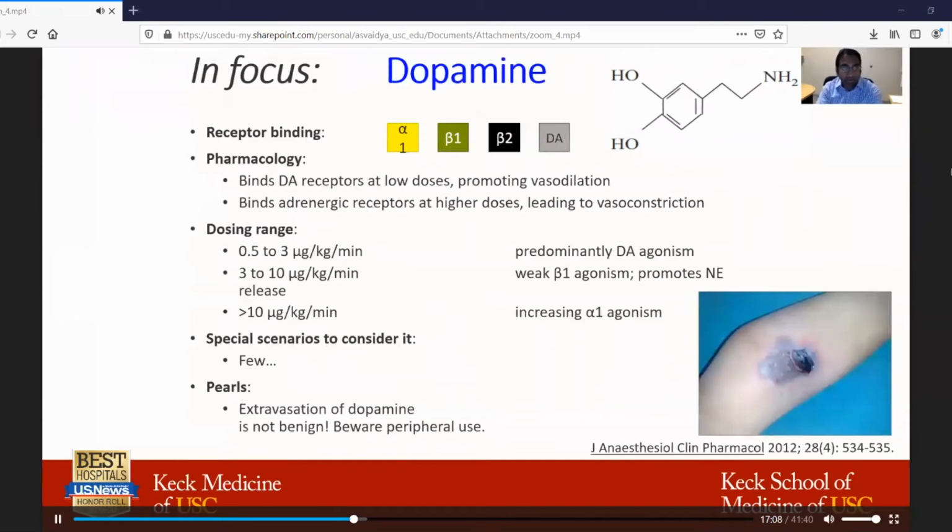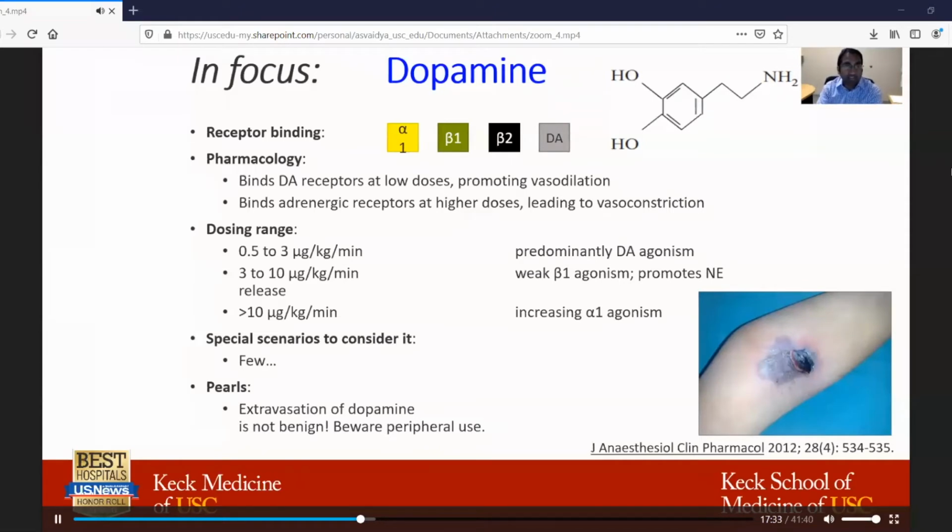Dopamine is the dirtiest of the drugs, in that it has multiple receptors that it works across. It works on alpha-1, beta-1, beta-2, but also dopamine receptors. It binds dopamine receptors at low doses, promoting vasodilation. These are doses like 0.5 to 3, promoting vasodilation in some of those splanchnic and renal beds.